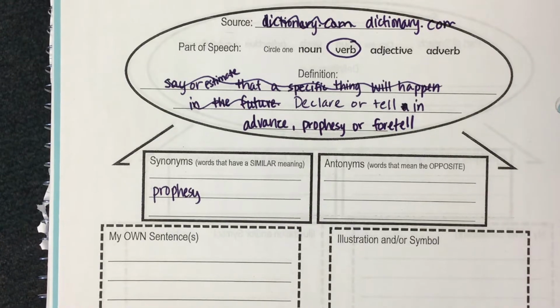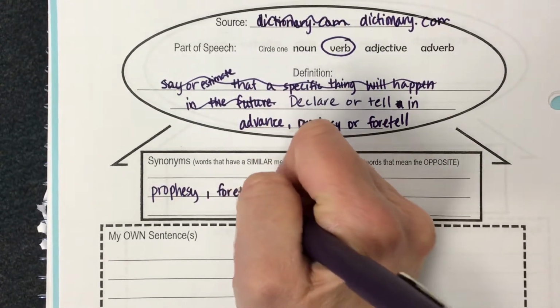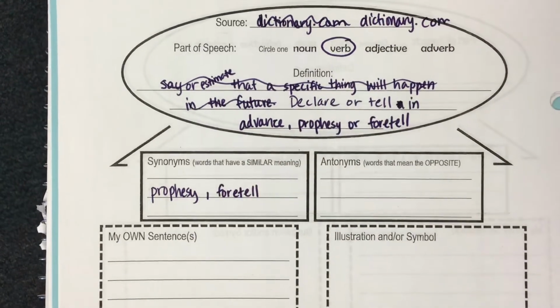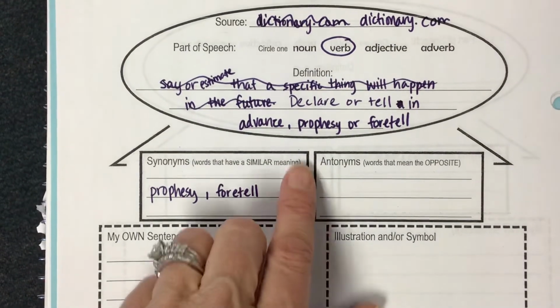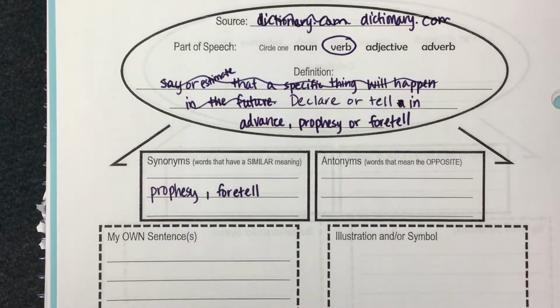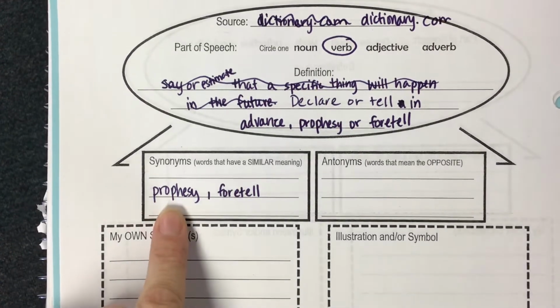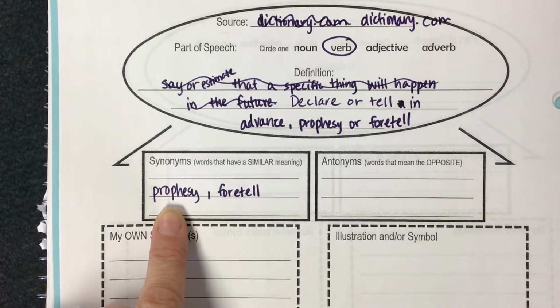Amanda? Foretell. Declare or tell in advance. Anyone else have one? Harper? Prophesy. To say.